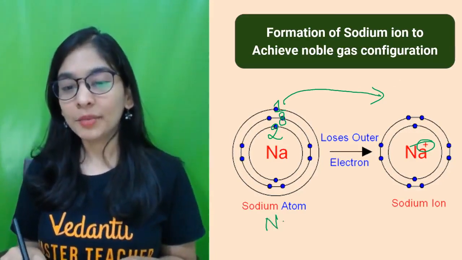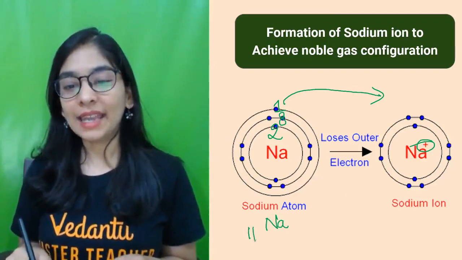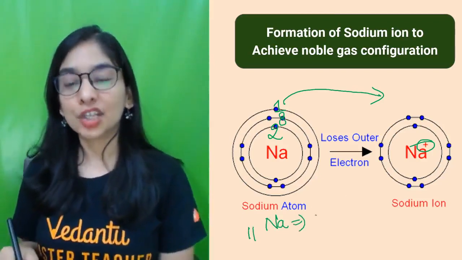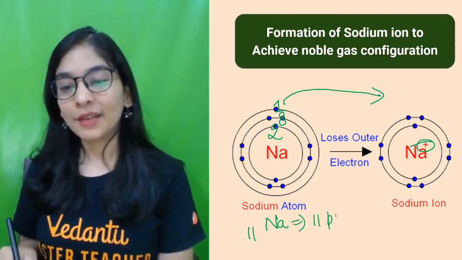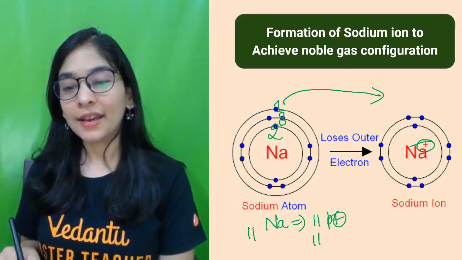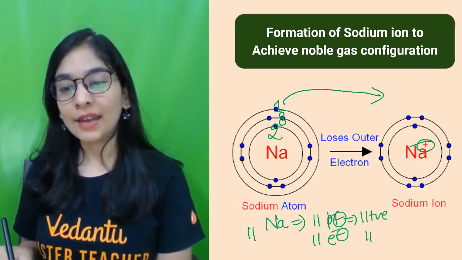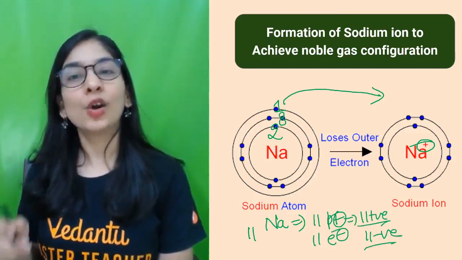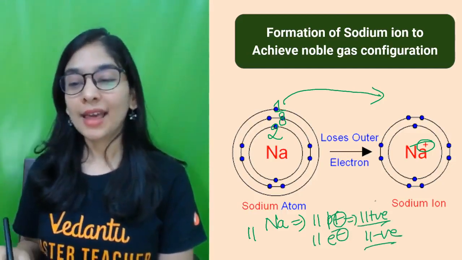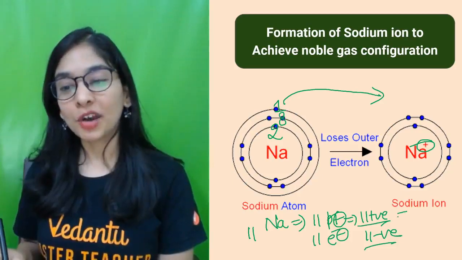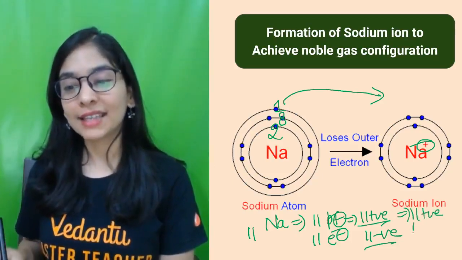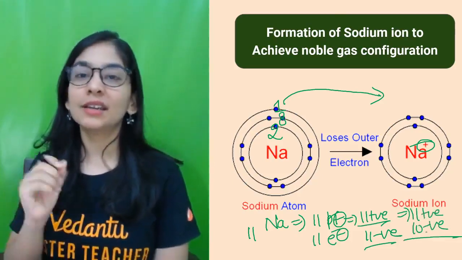My sodium has 11 protons, right? Atomic number 11. That means 11 protons and 11 electrons: 11 positive charges, 11 negative charges. I hope this point is pretty much clear. And it's losing 1 electron, which means the positive charge is still the same, but the negative charge is decreased by 1.